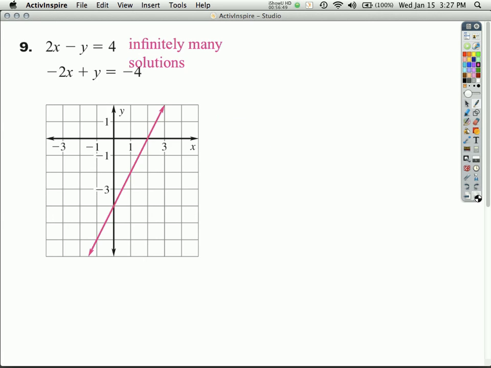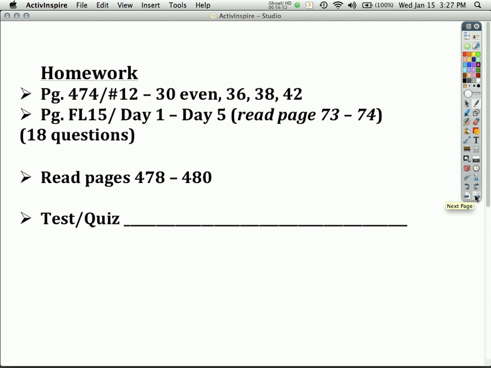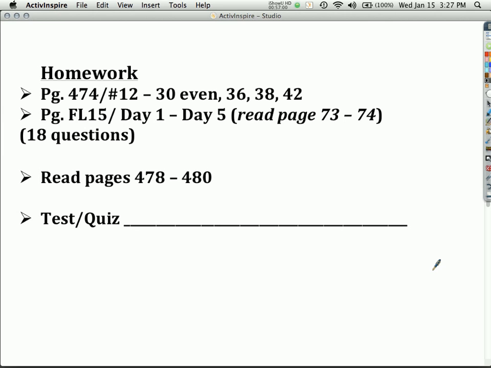Draw a line across your paper. Your homework is on page 474. You're going to do 12 through 30 even. You're going to do 36, 38, and 42. Then you're going to do the EOC prep, days 1 through 5 on FL 15. Now, a number of people have said to me, Mr. Gallup, we never learned how to do these types of questions.